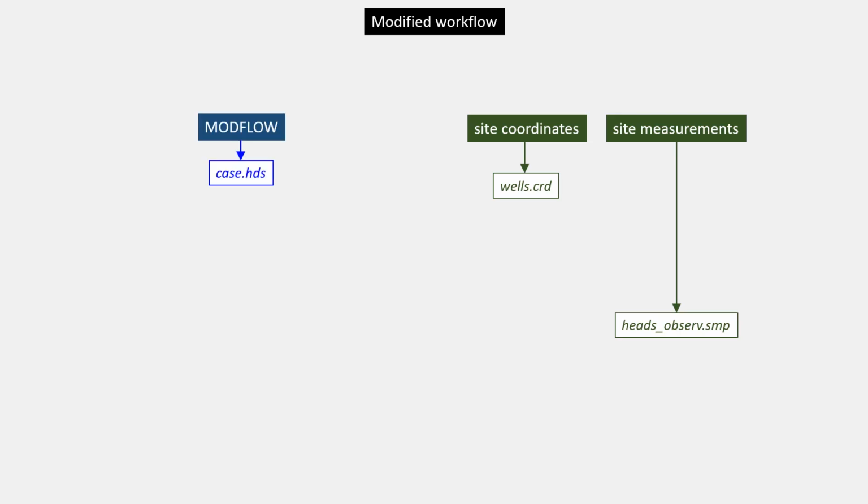And let's pretend we're using MODFLOW and it's recording its system states, its dependent variables, in a binary dependent variable file called case.hds. Mod2Samp reads the site coordinates file, undertakes spatial interpolation, and writes a site sample file in which spatially interpolated model outputs are recorded at every model output time, every time at which the model generates data that's recorded in case.hds.